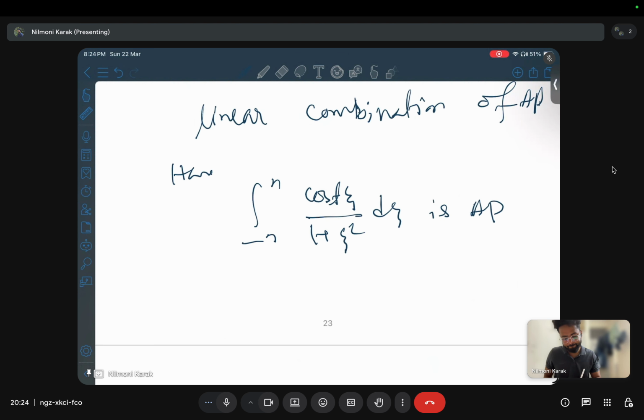And hence this e to the power minus mod t, so 1 by pi times it, is also AP.